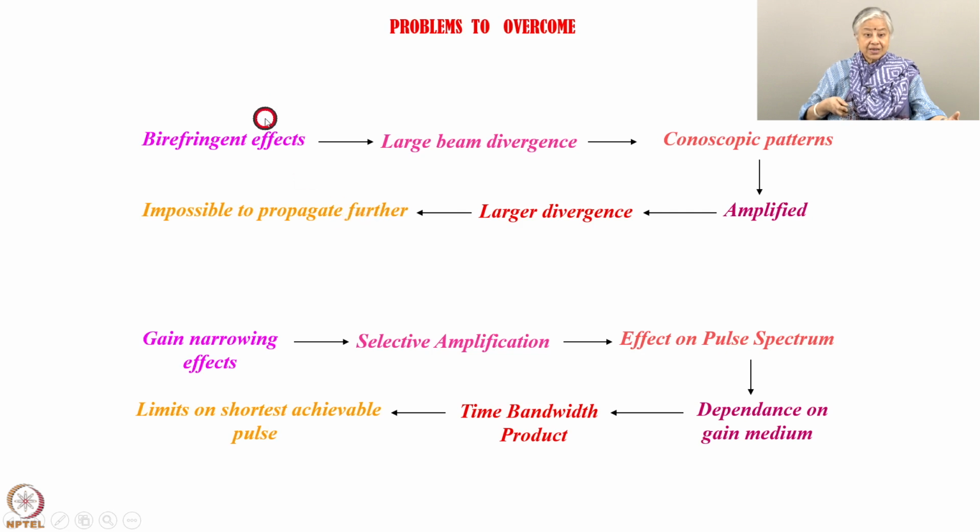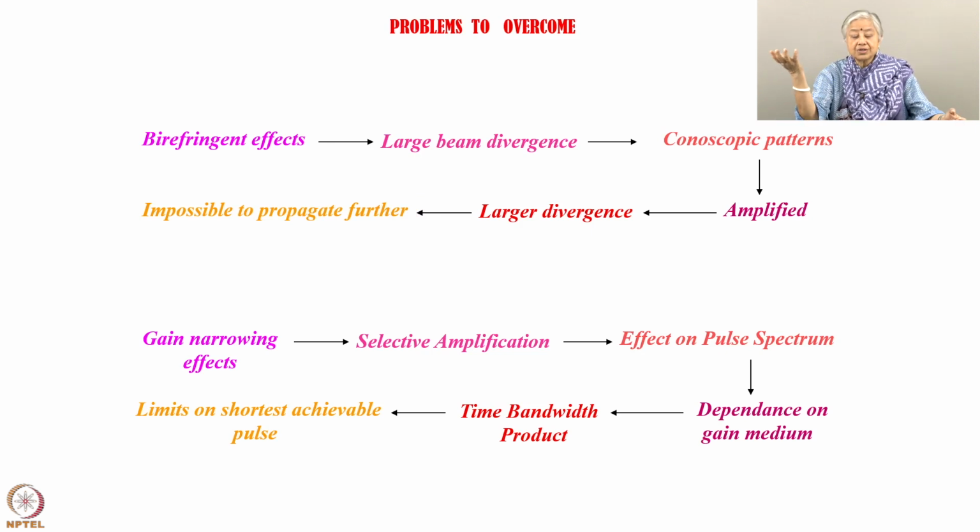Okay. So the birefringent effect gives large beam divergence, which gives rise to these conoscopic patterns which you see on the spot size, on the cross section of the beam. Those get amplified, you get even larger divergence, and then you are unable to propagate further. Unable to propagate further, you don't extract energy.